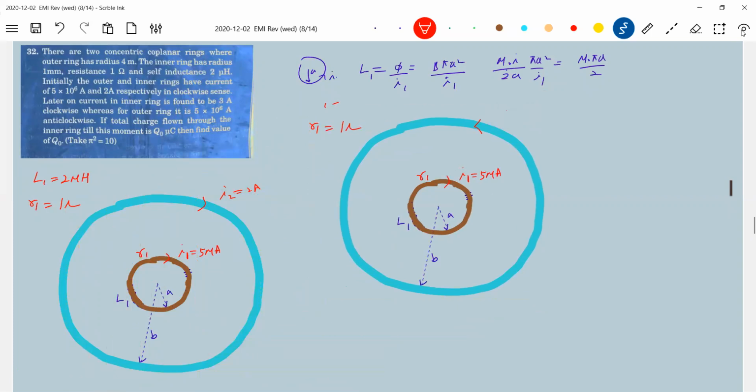So the final current, let me show in capital: 3 ampere for the inner ring, and 5 microampere for the outer ring. If the total charge flown through the inner ring till this moment is Q naught microcoulombs, then find the value of Q naught.